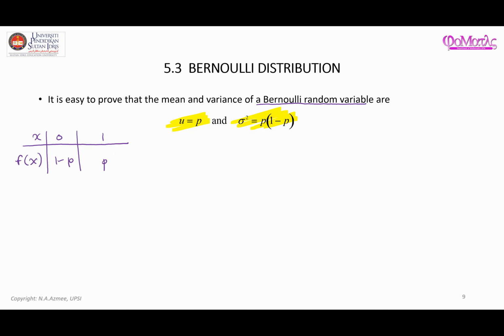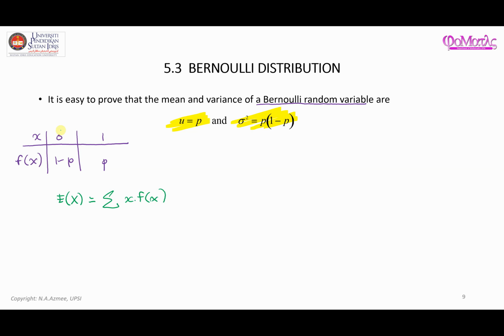Now we're going to find the mean of X. E(X), according to what you have seen many times already, is multiplying x with f(x) in the case of a discrete random variable.